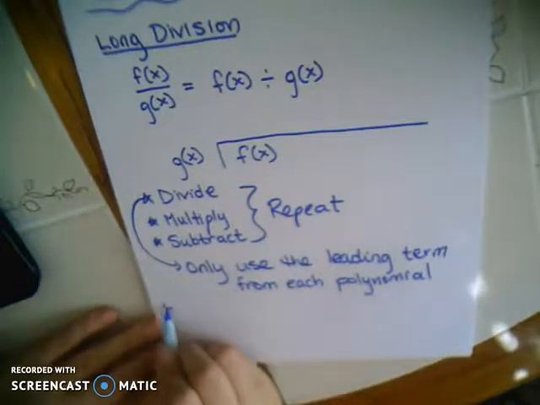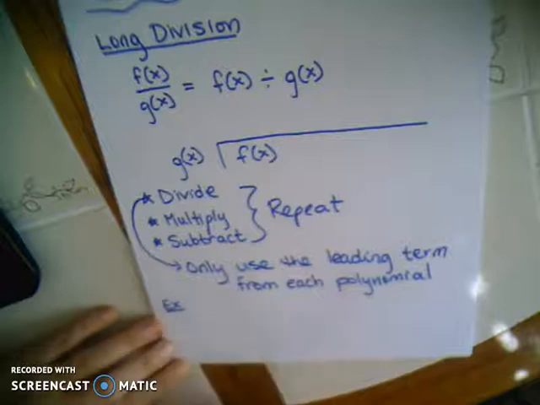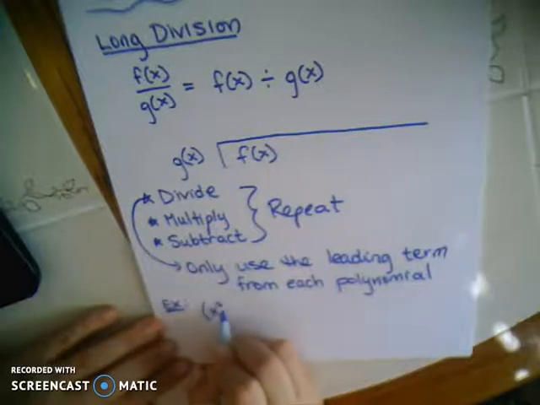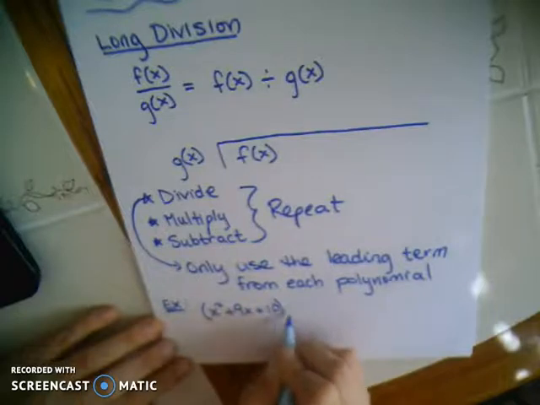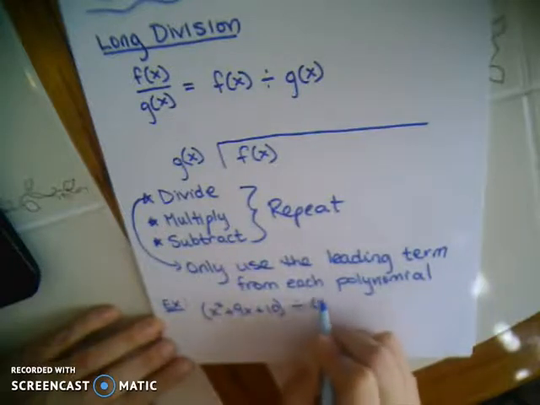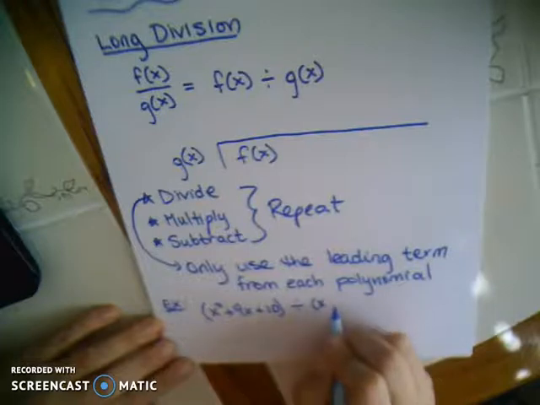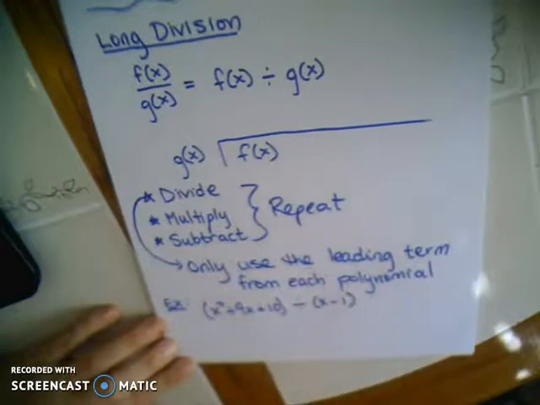So as an example, I'm going to do just a very, very simple one. If I want to figure out what x squared plus 9x plus 10 divided by x minus 1 is.